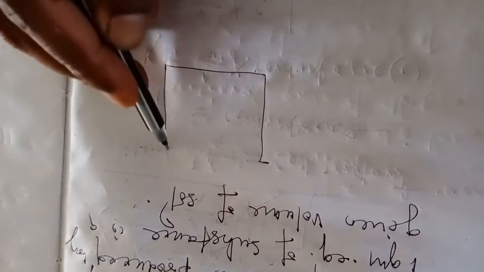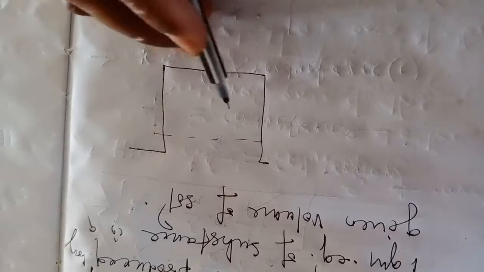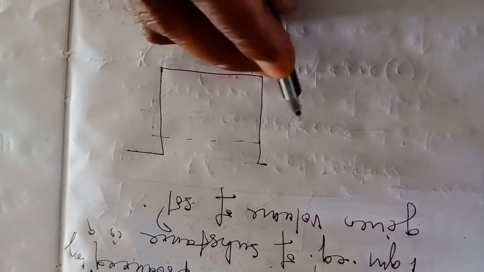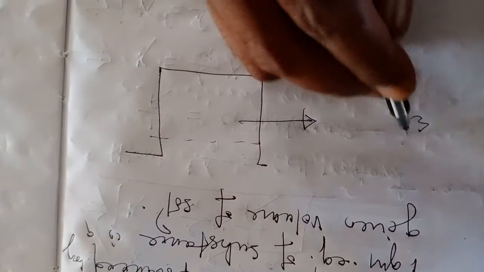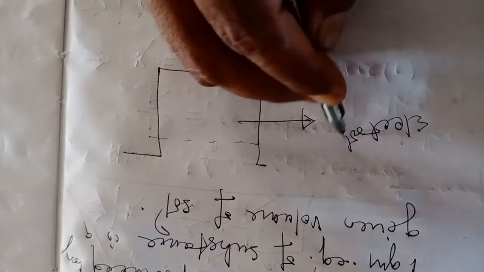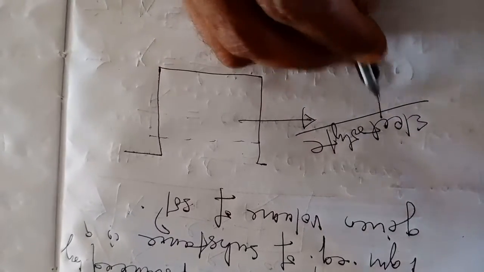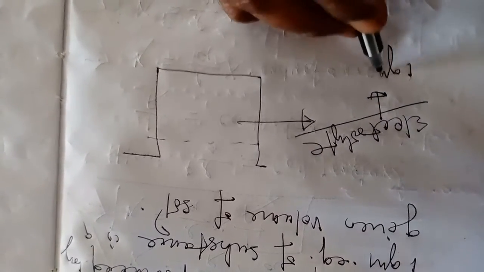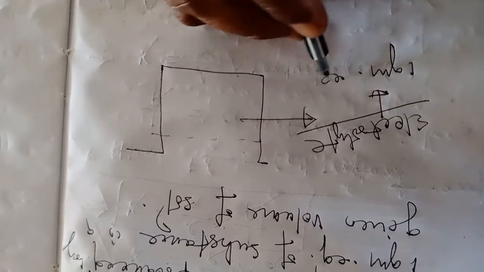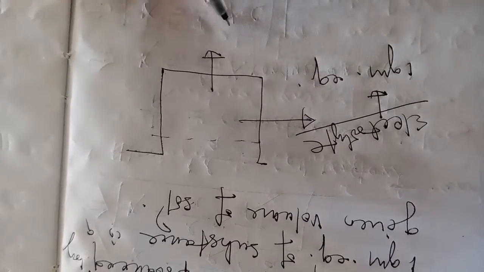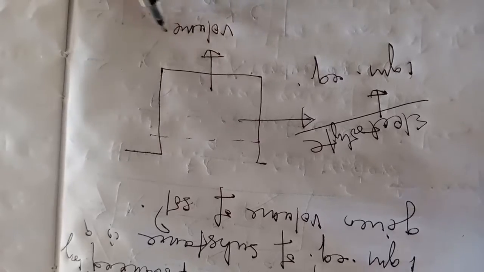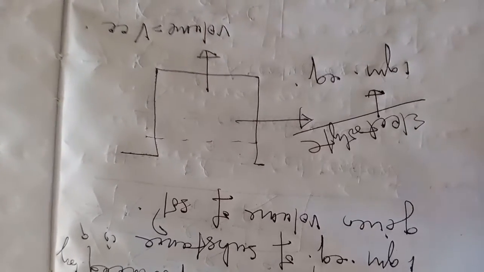That means, suppose we take an electrolyte here, and its amount is 1 gram equivalent, and its volume is V cc.